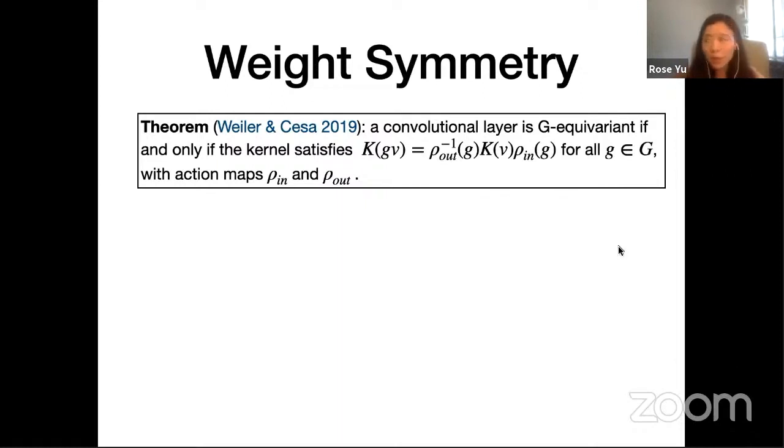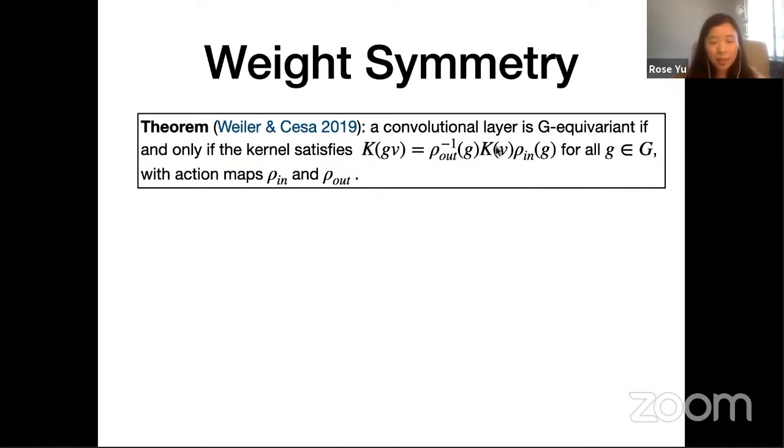Essentially, if in a convolutional architecture the convolutional kernel satisfies group invariance under conjugation, which is applying a matrix operation with respect to this group and right-multiplying by the same matrix representation of the group, then this convolutional layer is G-equivariant, or group equivariant.